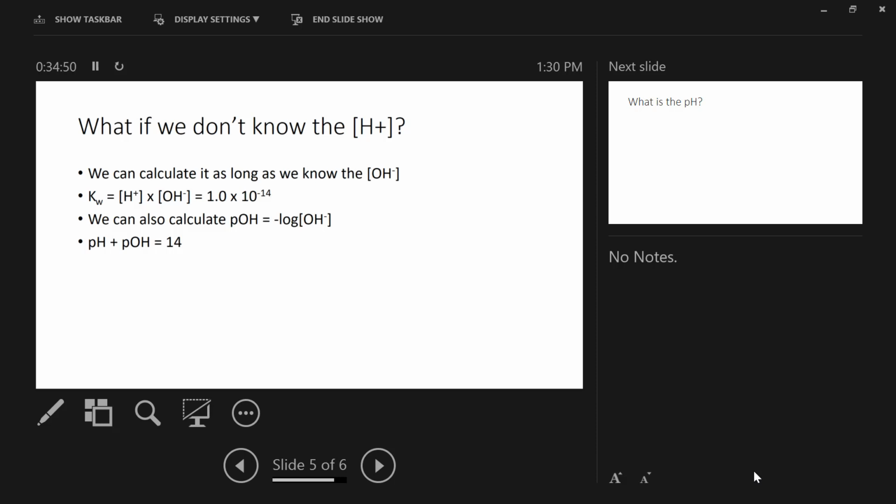So if you're given the hydroxide ion concentration and you are asked to solve pH, we have two ways we can do it. We can get the hydrogen ion concentration and then do the negative logarithm of that. Or we can get the pOH and subtract it away from 14. That seems a lot better to me, because then you don't have to worry about dividing a number in scientific notation by another number in scientific notation. Okay. Is that agreeable?